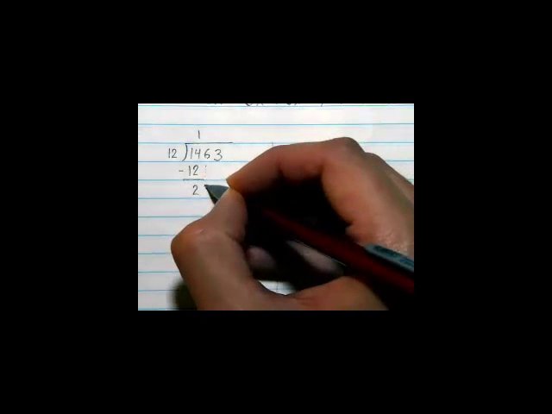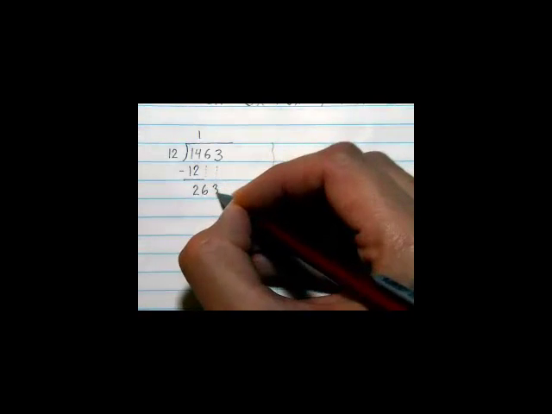Okay, then what? Bring down the next number. And in fact, we can technically bring down both of them. I'll do that just to be safe here. But I really only need the next digit. And then we go through that same process.